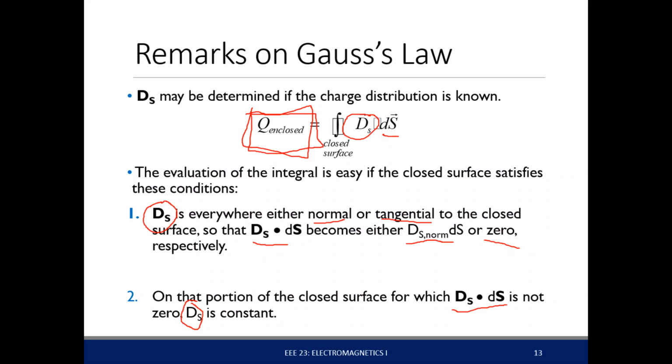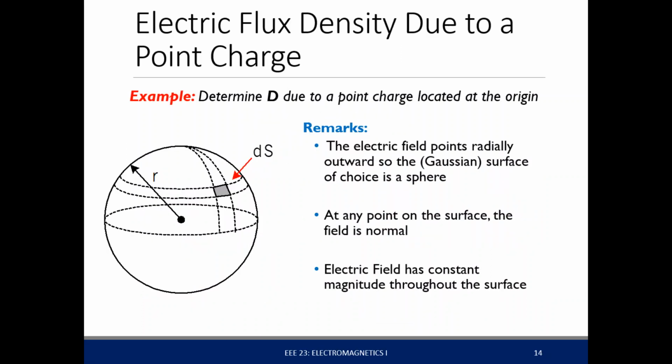Okay, so to visualize that, let's have an example. For a point charge, let's choose a radially outward Gaussian surface. And the radially outward Gaussian surface at any point is actually a sphere.